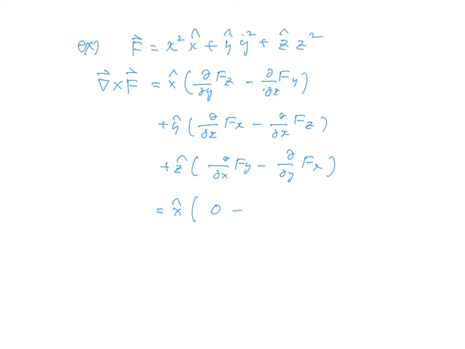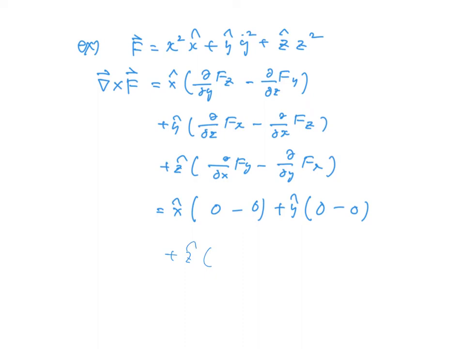Fy is y squared. If we differentiate y squared by z, you get, again, 0. This is a very simple example. Fx is x squared. If we differentiate x squared by z, you get 0. And fz is z squared. If we differentiate by x, 0. Very good.